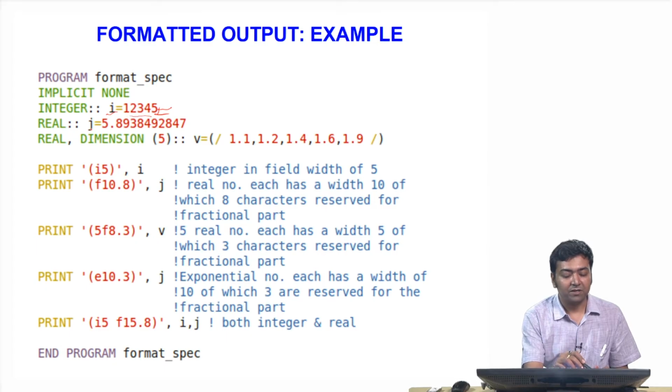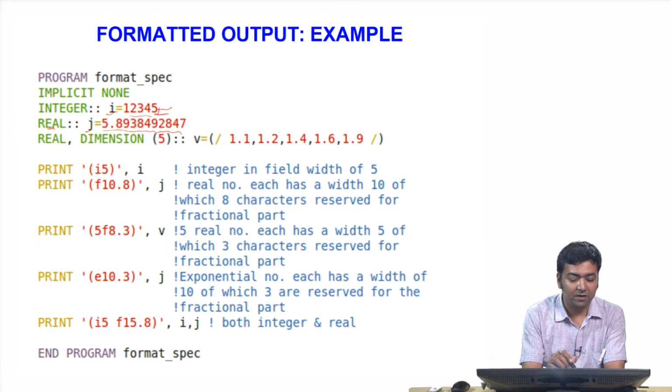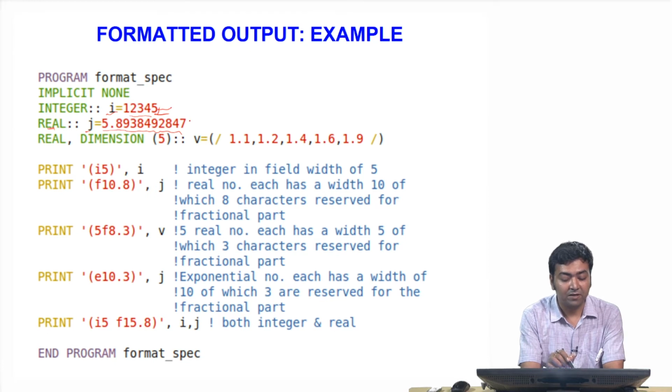Similarly, I have a variable j, which I have declared as a real variable, and I have assigned it this real number. If you look at this real number, it has 1, 2, 3, 4, 5, 6, 7, 8, 9, 10, 11, 12. So, basically it needs 12 places to display on the screen.